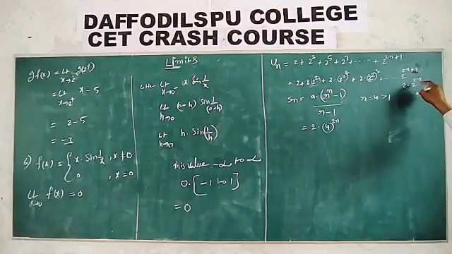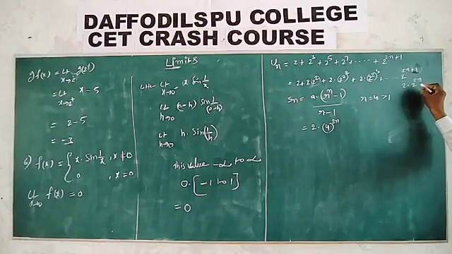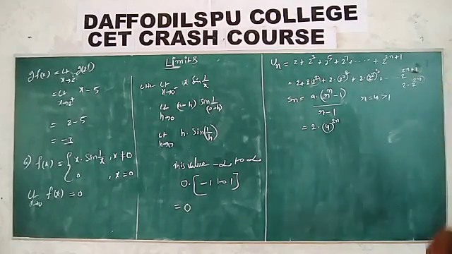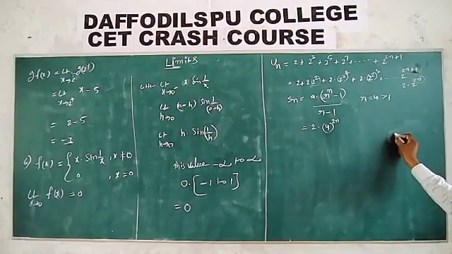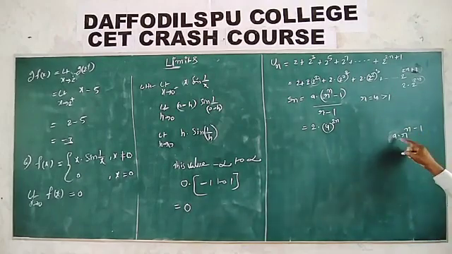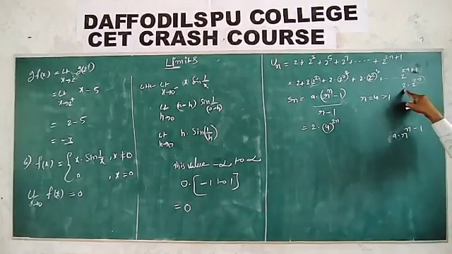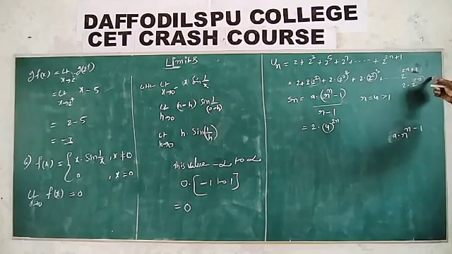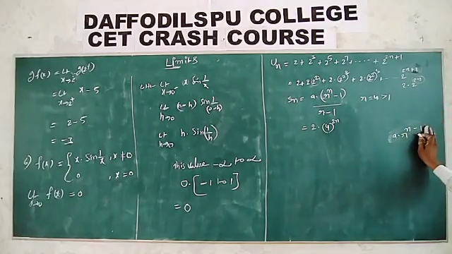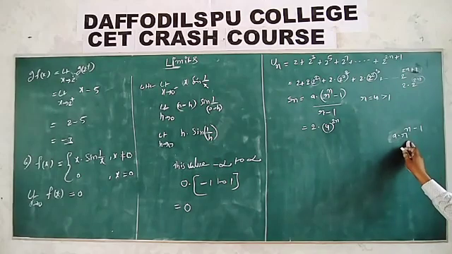The last term is a into r power n minus 1, so how many terms in total? n terms are considered in the GP.